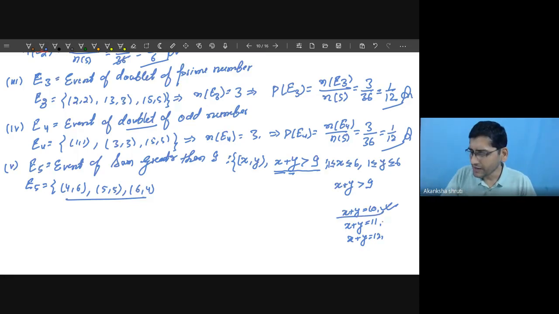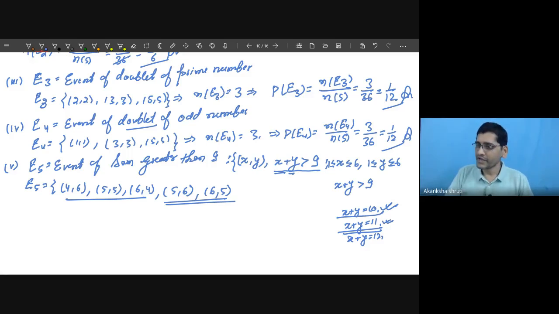Now come to making this sum 11. How is that possible? By taking x as 5, y as 6, or x as 6, y as 5. Last day I explained this is an ordered pair where changing the order gives rise to a new result. So both pairs need to be counted.